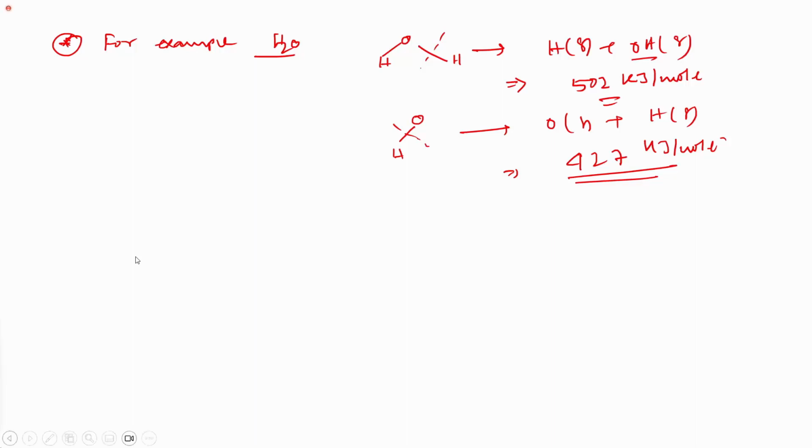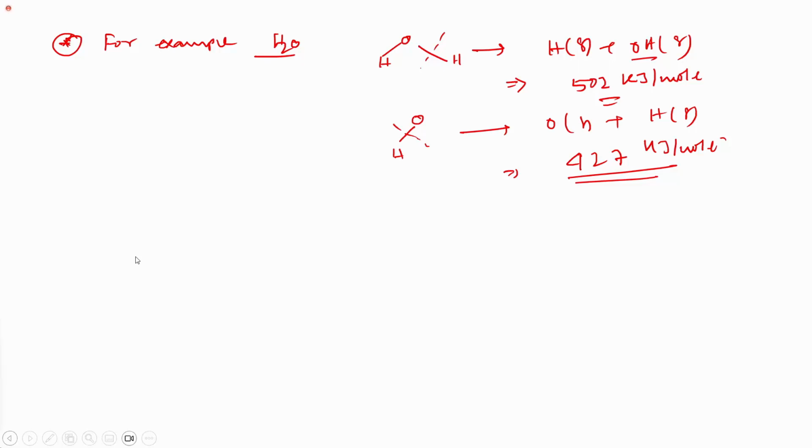For the water molecule, there are two OH bonds, but we are claiming that these two OH bonds are not similar from the bond enthalpy value. For the first OH bond broken, we need 502 kilojoule per mole, but for the second OH bond, it is 427 kilojoule per mole.